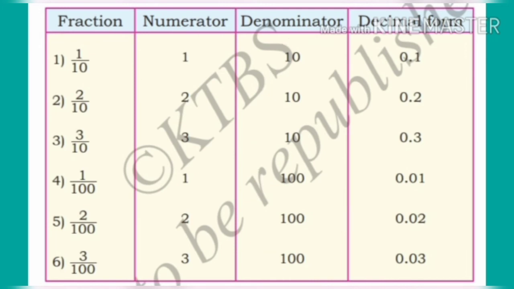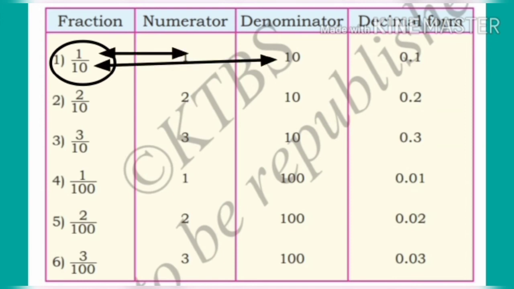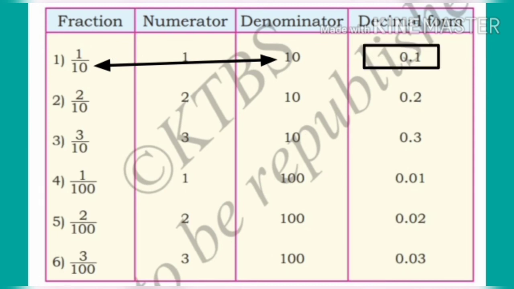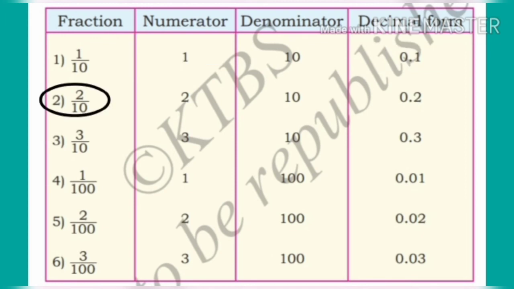In fraction form 1 by 10, here 1 is the numerator and 10 is the denominator, and we write it in decimal form as 0.1. Second one, 2 by 10. 2 is the numerator, 10 is the denominator.